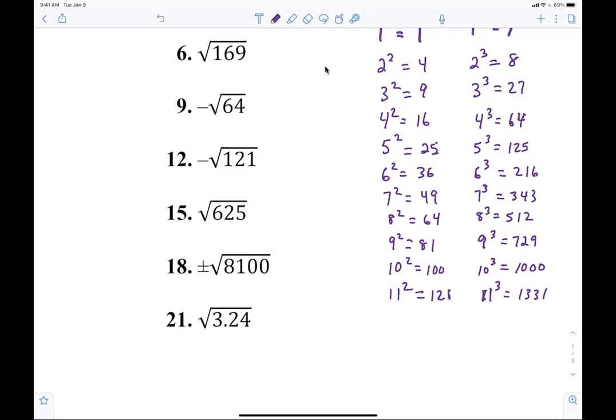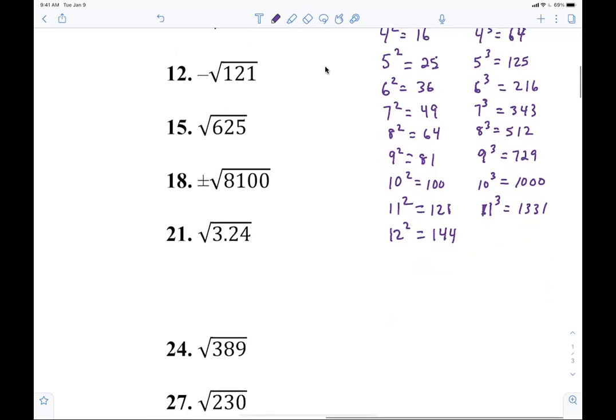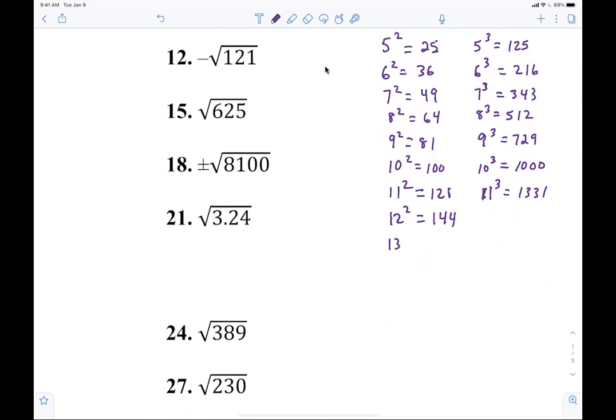Now, I think most people know 12 squared is 144. And I believe most people can even tell me what 13 squared is, 169. And then 14 squared, and then 15 squared, 225.